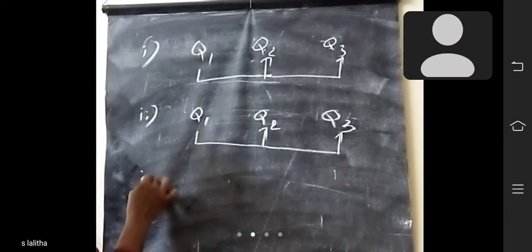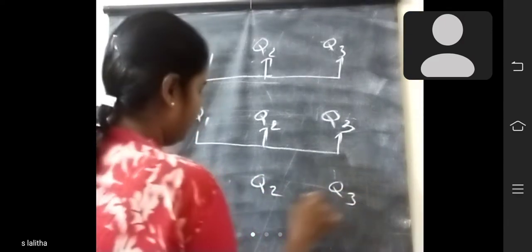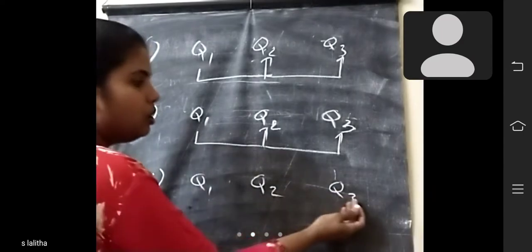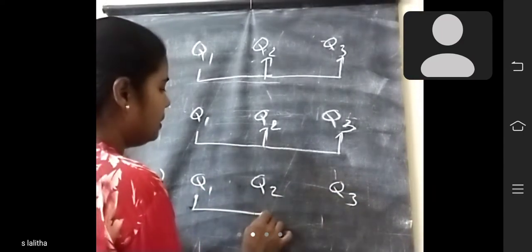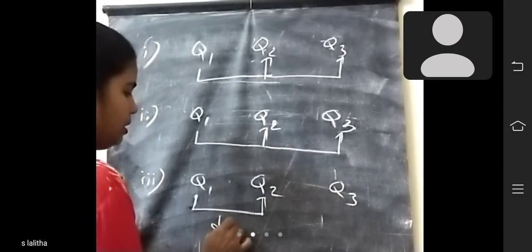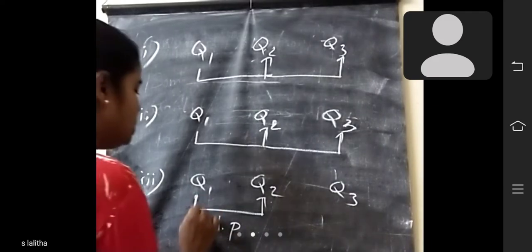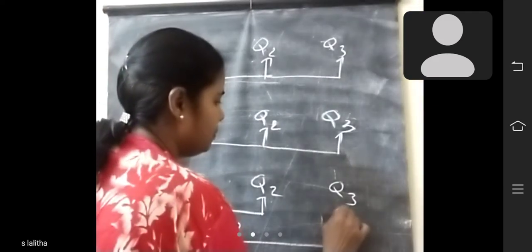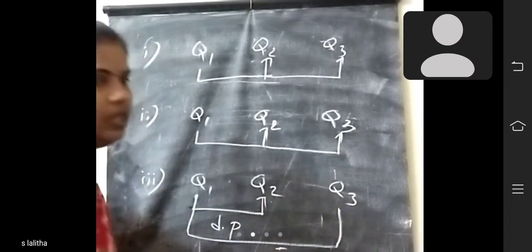And third case is quantity 1 depends upon these two quantities. First quantity is directly proportional to second quantity, and first quantity is inversely proportional to third quantity.